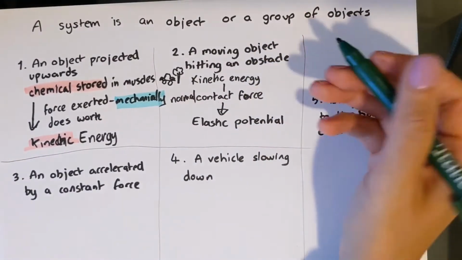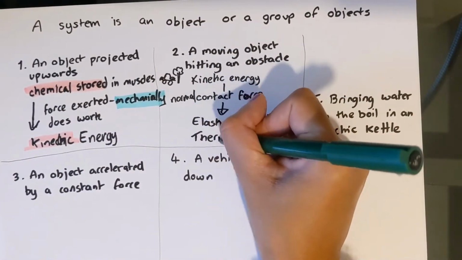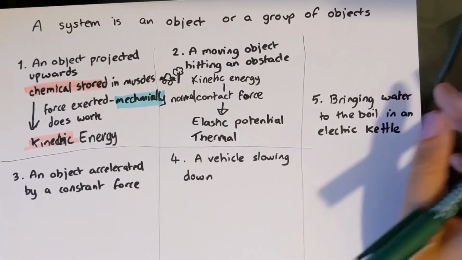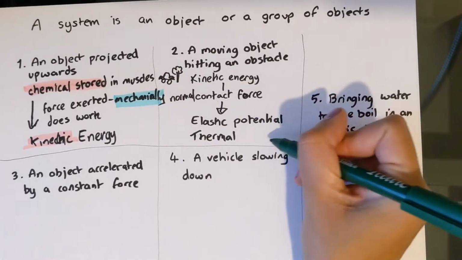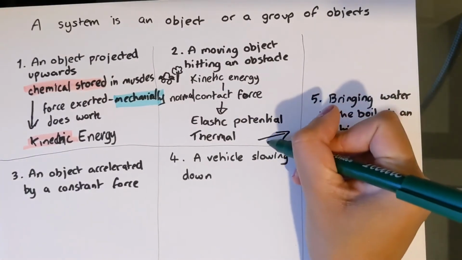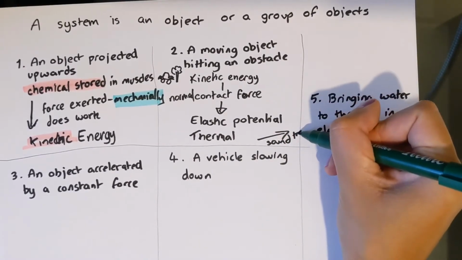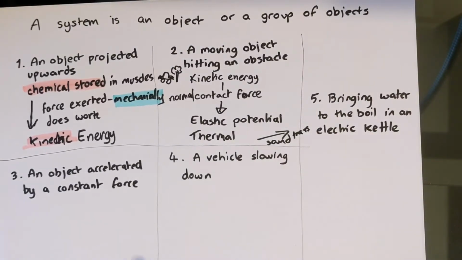There's also going to be a bit of heat involved, isn't there? So thermal energy. Now, lots of you are going to say, hang on, there's going to be a sound too, but you'll remember from the energy transfers that sound is a wave, so that's going to be out of this system, isn't it? So we might say sound transfers energy away from the tree and the car.